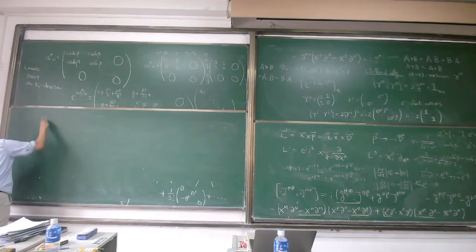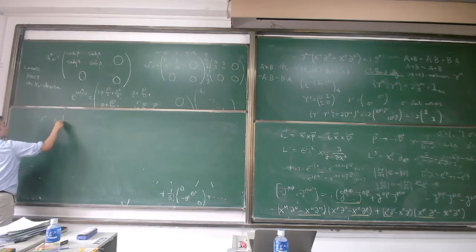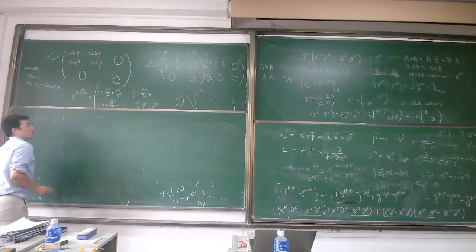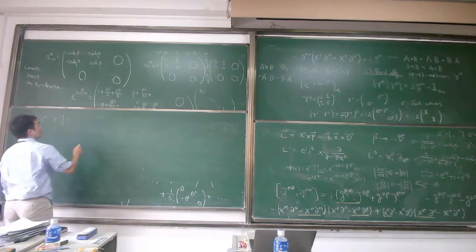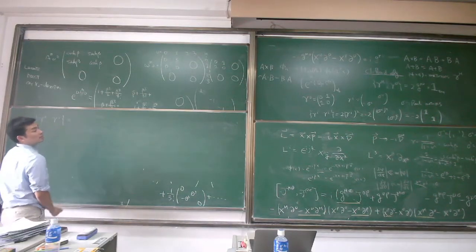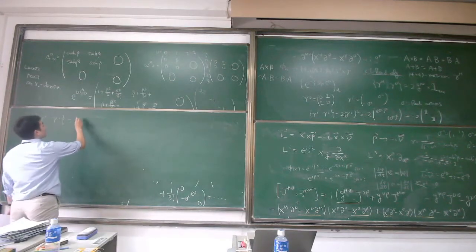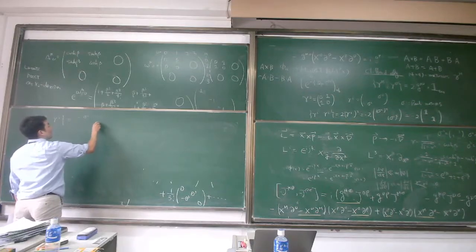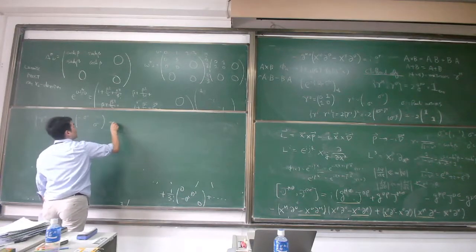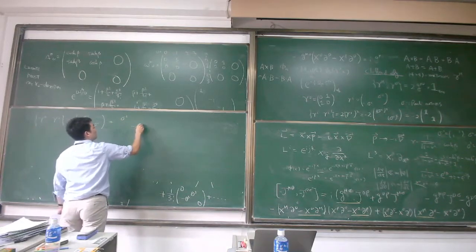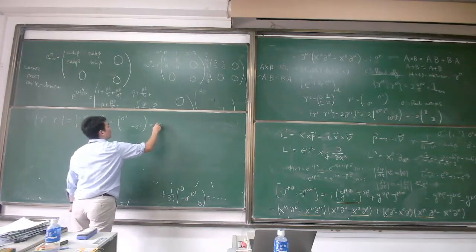Gamma 0, gamma I, if you take a commutator of this one, what we get is minus I. Do you understand?